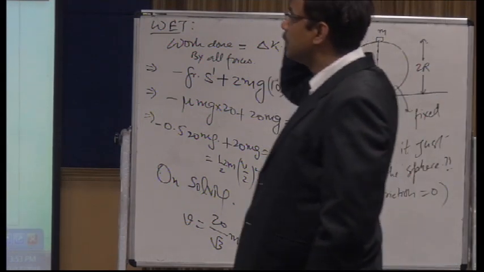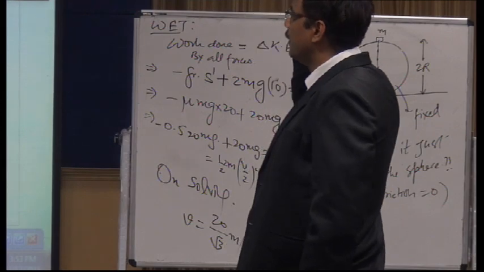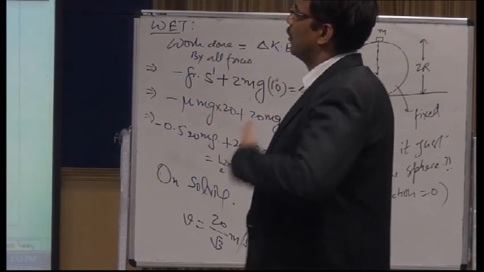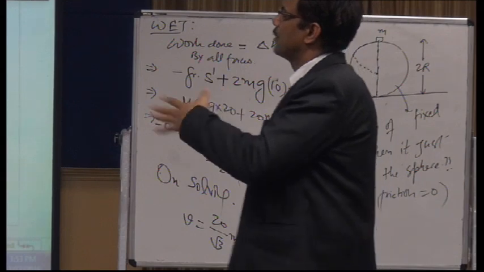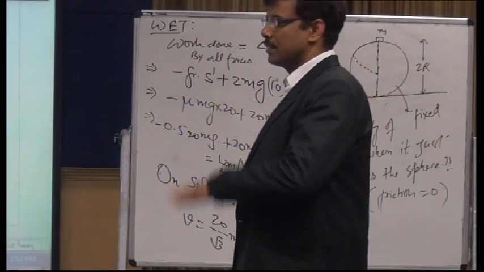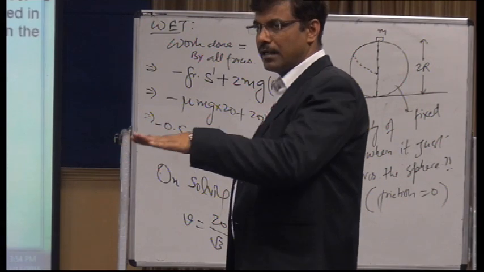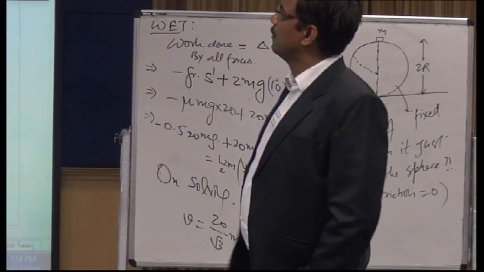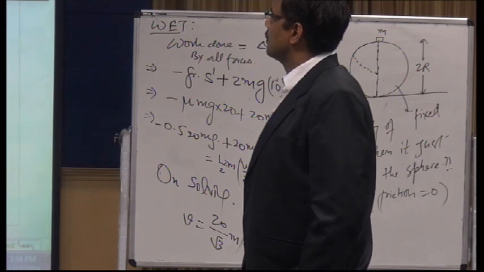Since the body is not slipping on the surface, friction doesn't do work. Friction does work only when there is sliding on a surface and there is a displacement. So in that example, work done by friction is 0.